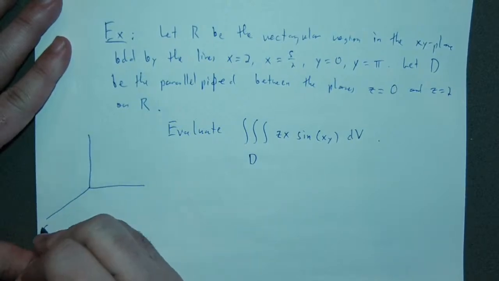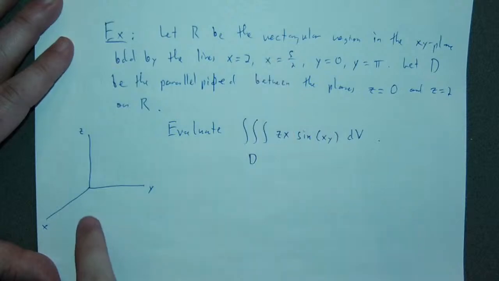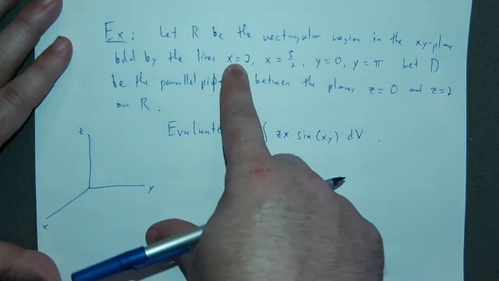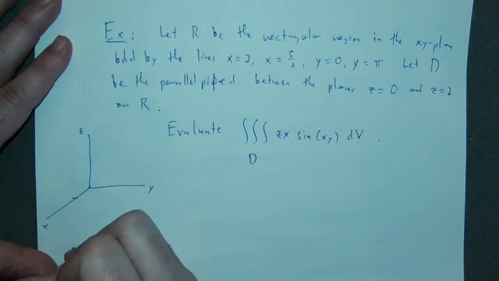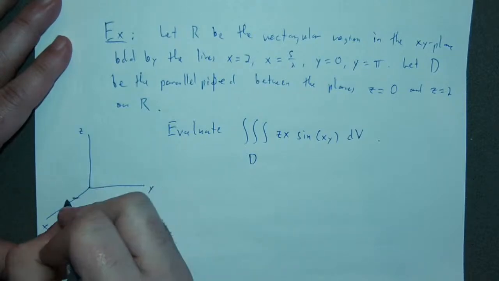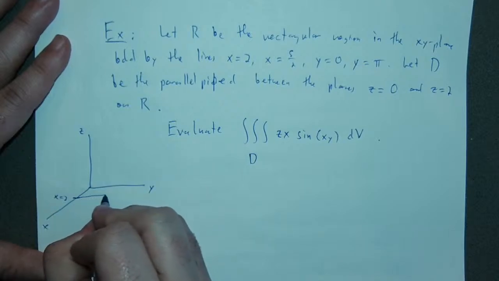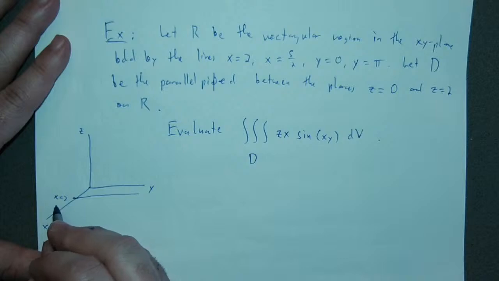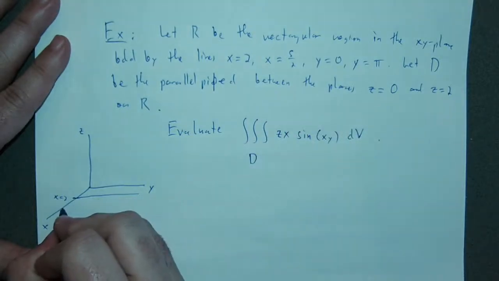Here's the x-axis, y-axis, z-axis. We have a rectangular region in the xy plane, bounded by the lines x equals 2, a vertical line in the xy plane, parallel to the y-axis, and x equals 5/2.